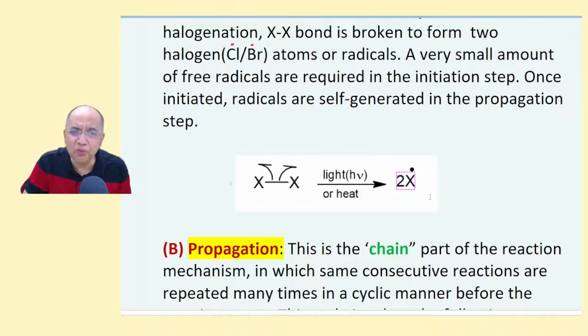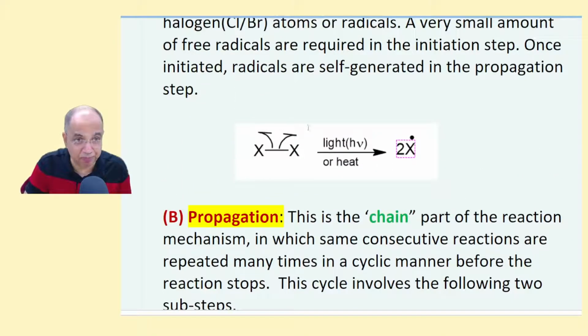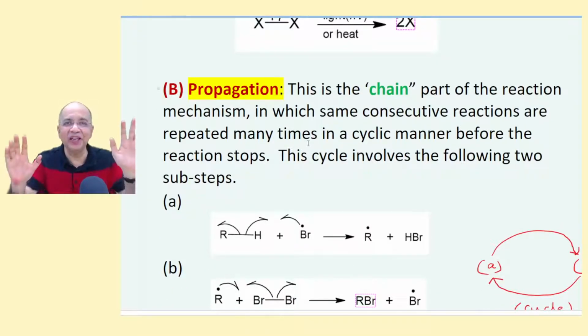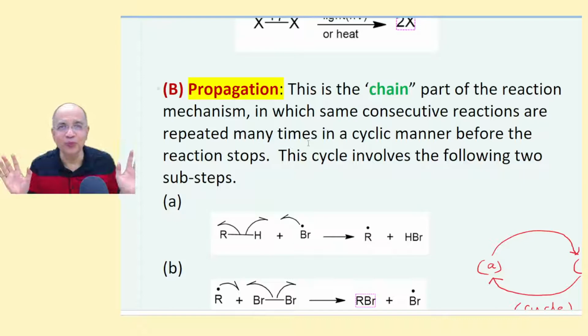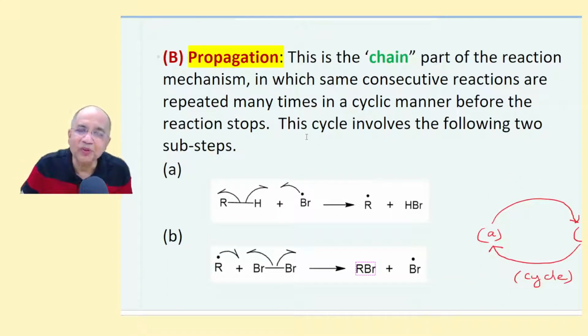And a very small amount of these halogen free radicals is required in the initiation step. Once initiated, radicals are self-generated in the propagation step. Now propagation comes. PTI has gone home. Primary radicals have come to propagate the chain. Now what happens?